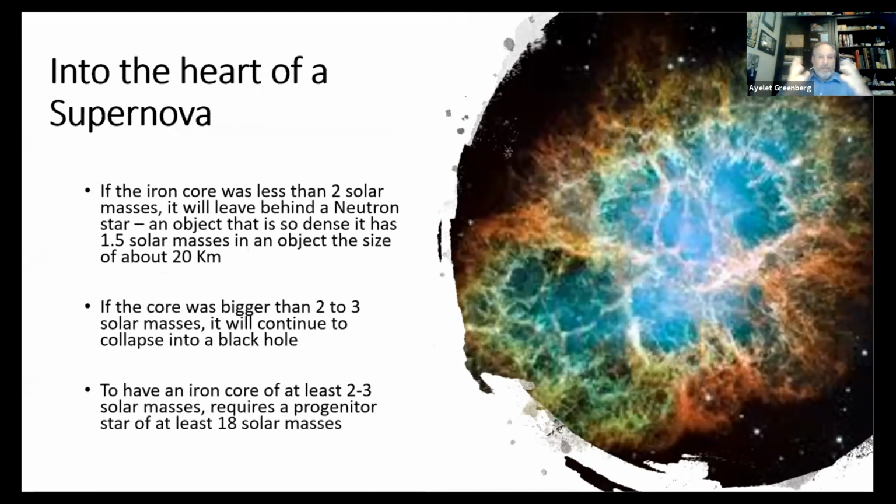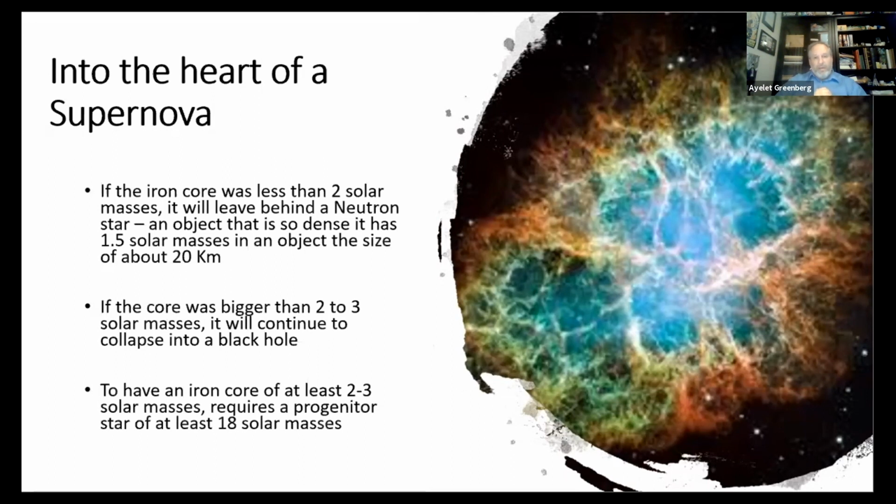That explosion will leave behind a neutron star, which is all those electrons and protons that merged into neutrons and stay together. It's an incredibly dense object. We're talking about an object that could be 1.5 solar masses, about the size of the island of Manhattan. It is ridiculously dense and has a lot of strange properties to it.